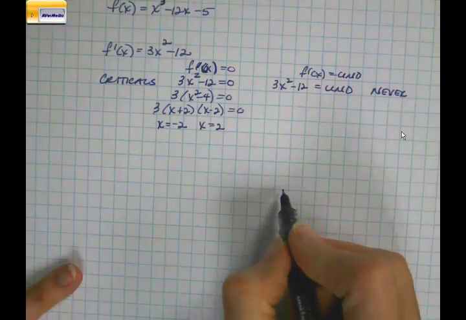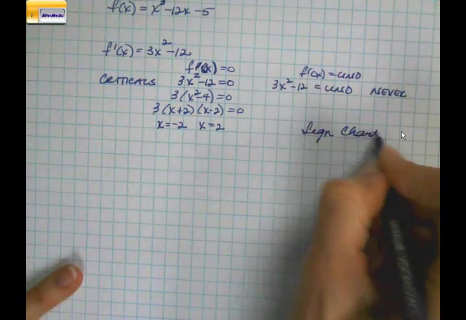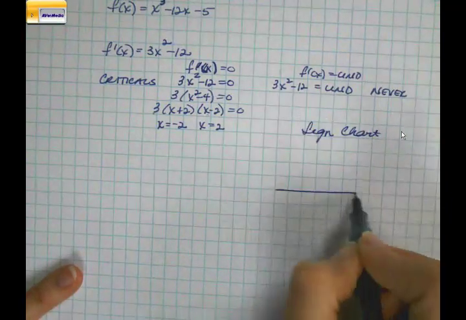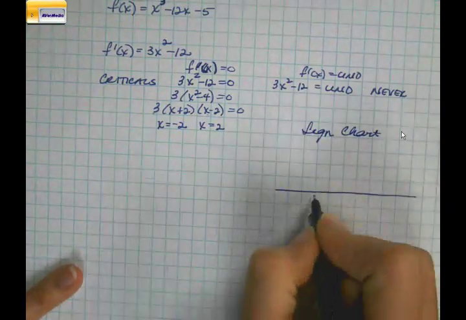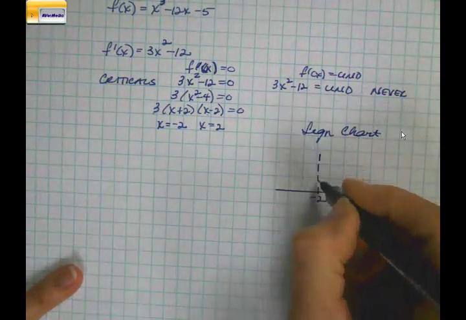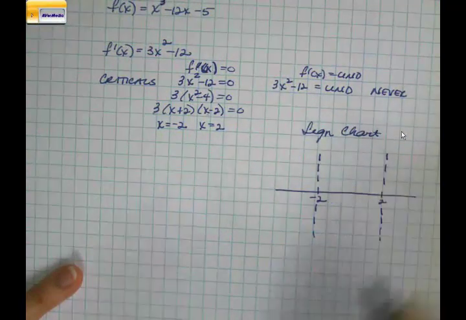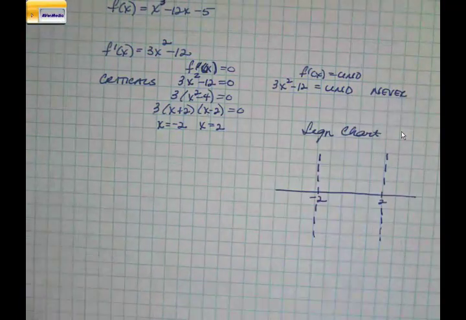So now I create a sign chart. You put your critical values, negative 2 and 2, in your sign chart. Those are our critical values where this is probably going to have a local max and local min.